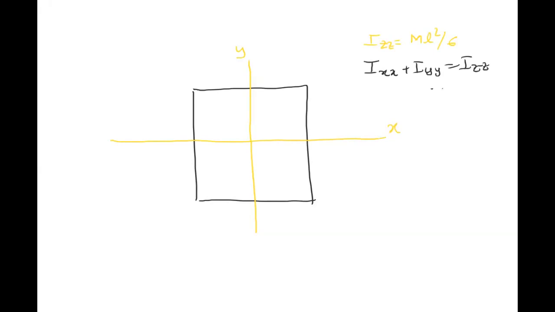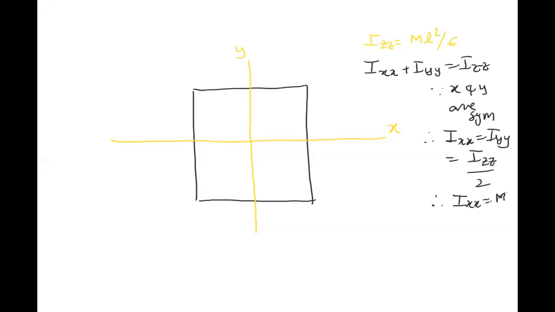And since x and y are symmetrical, therefore Ix will be equal to Iy, which will be equal to, very good Pratiksha, yes, exactly the answer I will give. Iz divided by 2, therefore we have Ix is equal to ml² by 12। आया सबको समझ में?